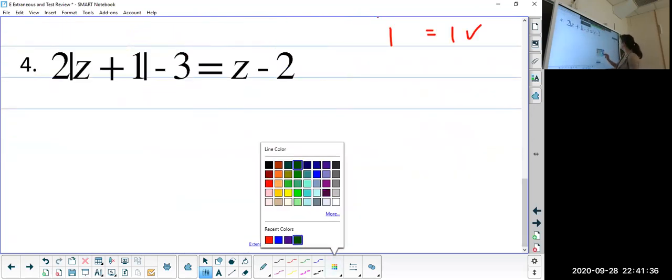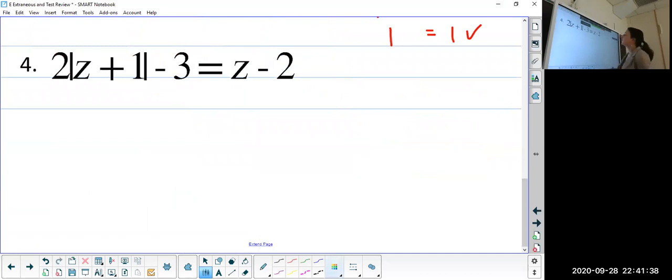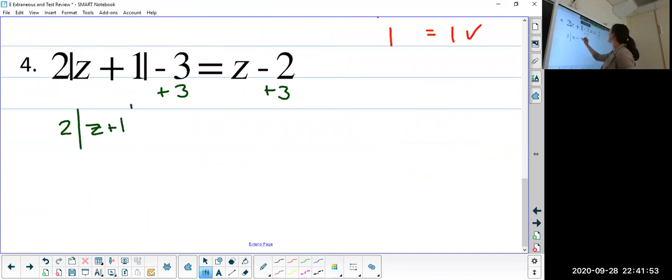When we look at this problem here, we've got a little extra work to do. So we still have to isolate the absolute value, which means that we still have to first add the 3. So 2 absolute value of z plus 1 equals z plus 1.